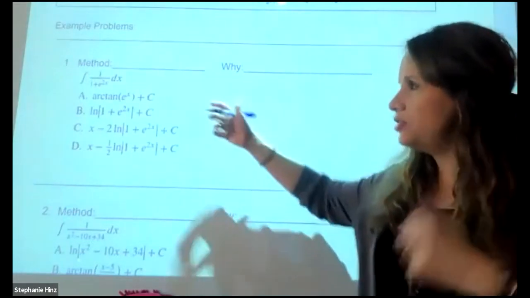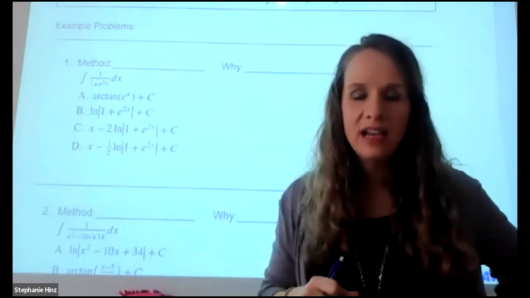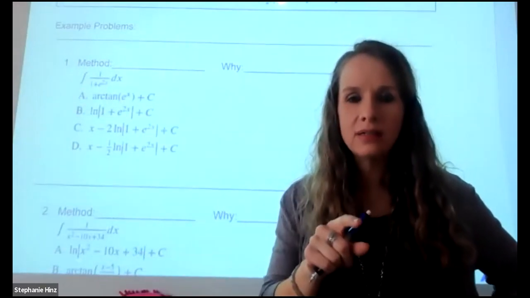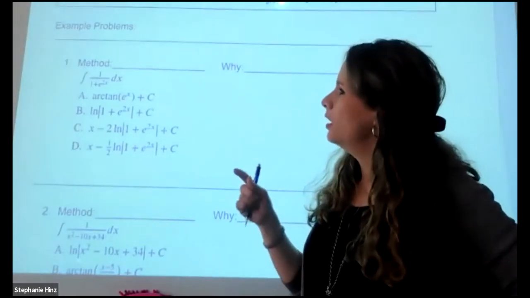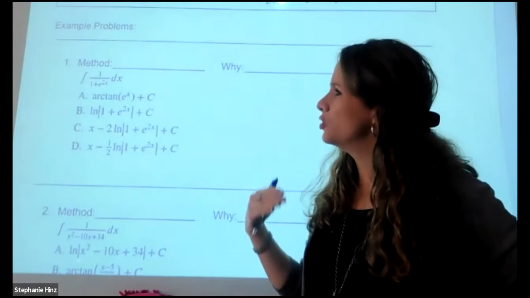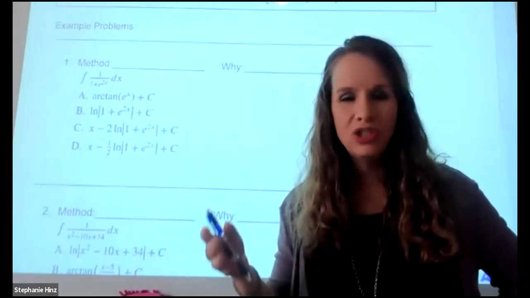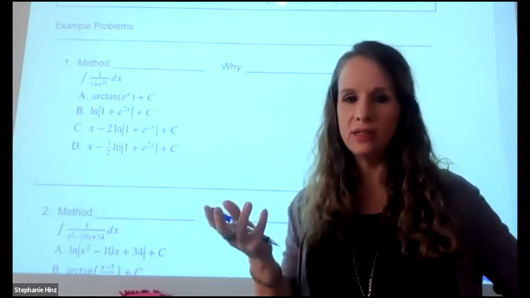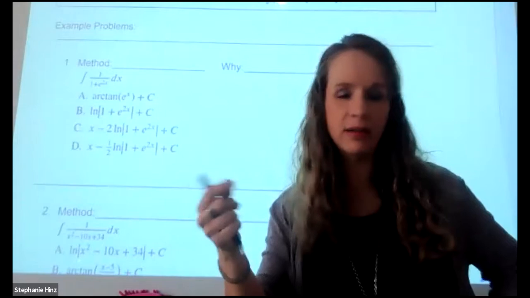If I look at this problem, I'm thinking I'll pick that denominator. But if I select 1 plus e to the 2x as u, and take the derivative, I'm going to have 2e to the 2x, because when you select a u, you're looking for the derivative to be in there at some point too.